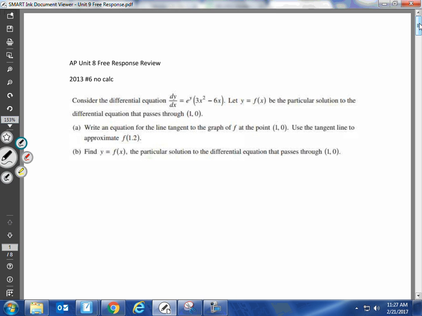You get negative 0.6 as your approximation, I think. Yes. Well, do it again.